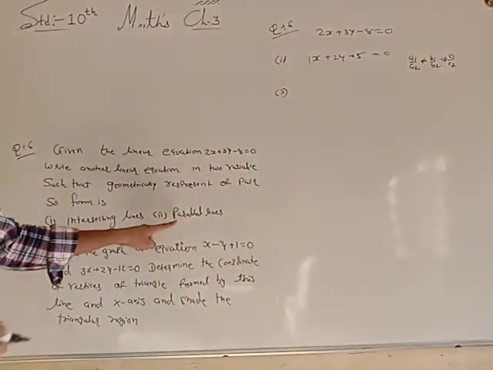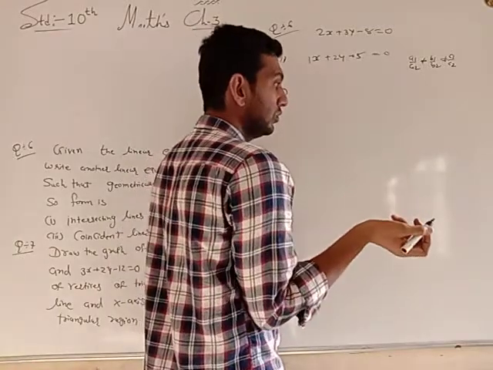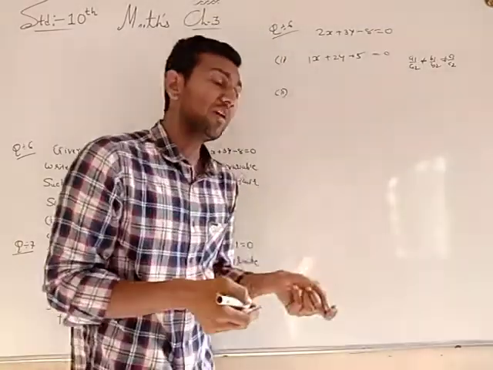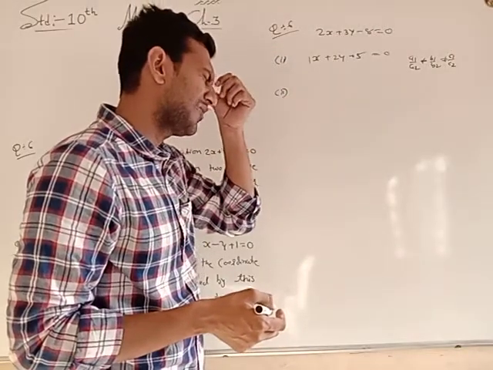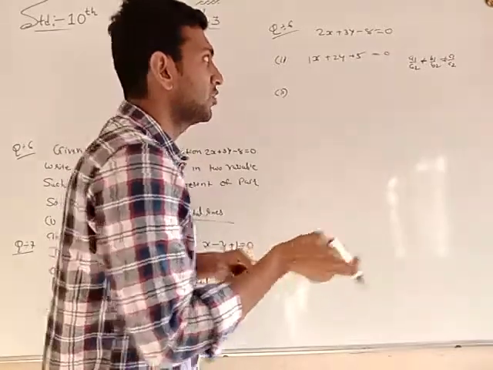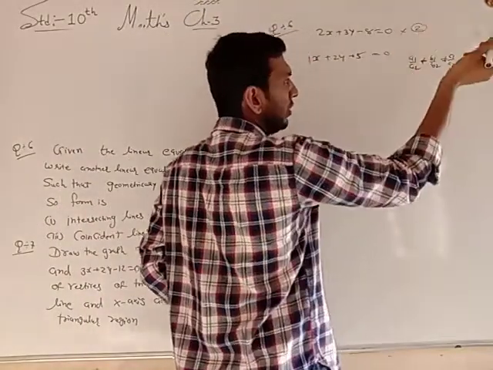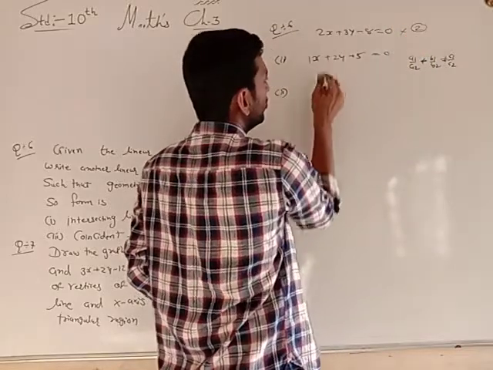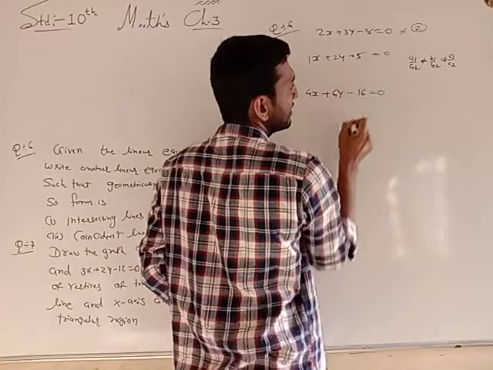Second, for parallel lines, it is easy. If you want to write another equation such that the graphical representation of the pair of linear equations in two variables forms parallel lines, multiply by any number, 2, 3, 4. So I take 2, so 2 twos are 4x, 6y minus 16 is equal to 0.